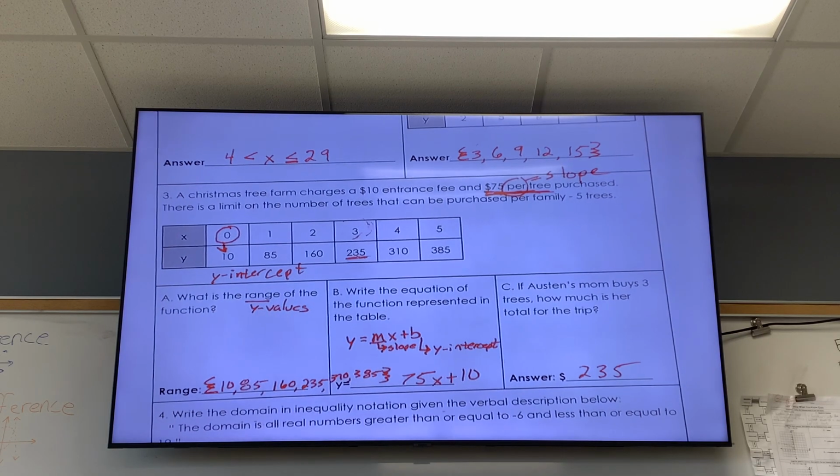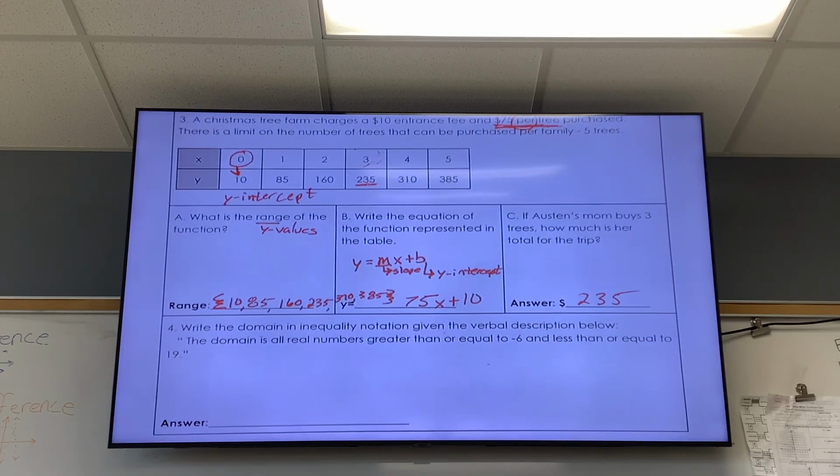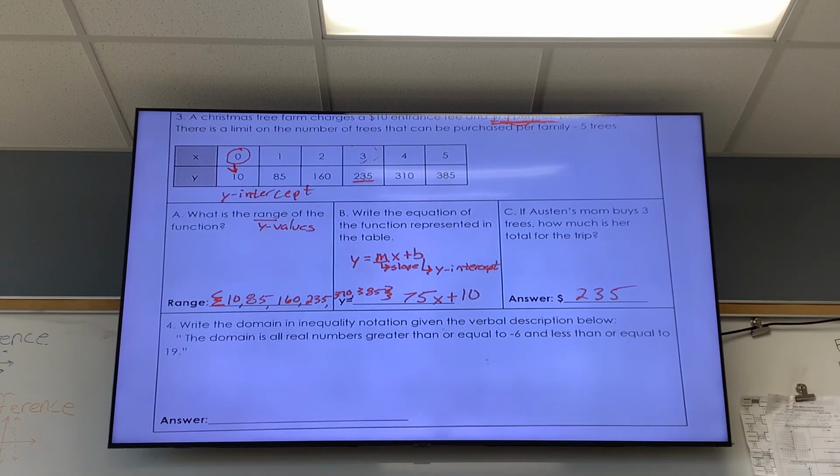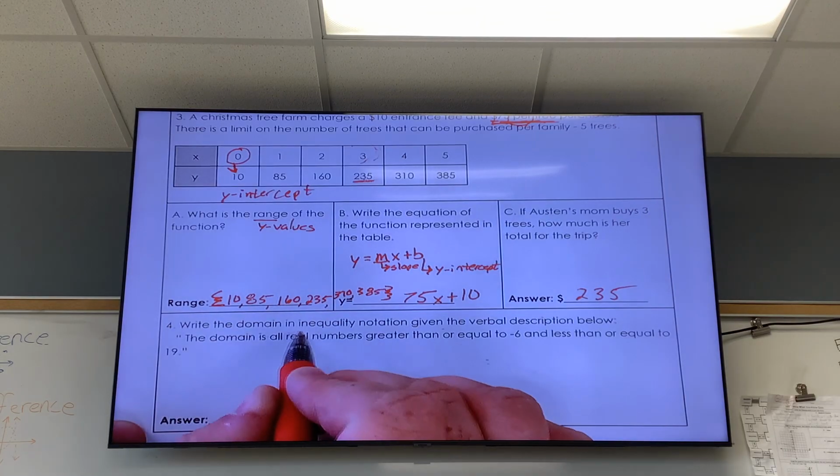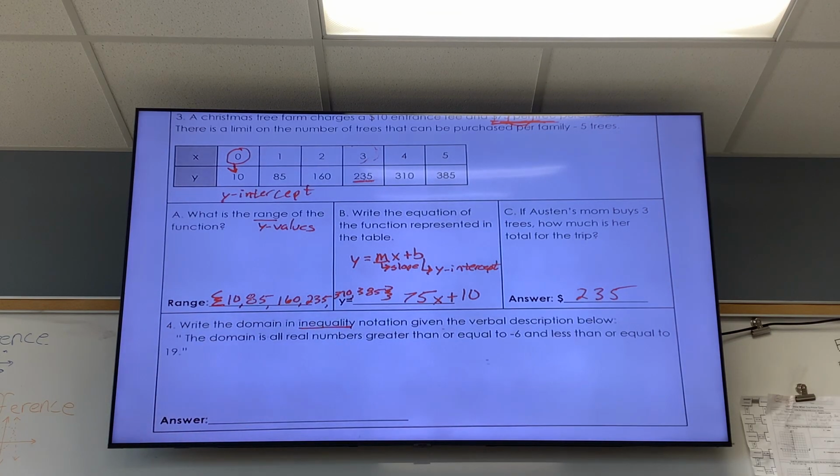Moving on to number 4, it says write the domain in inequality notation given the verbal description below. Again, inequality notation, we're going to use less than and less than or equal to. It says the domain is all real numbers greater than or equal to -6.